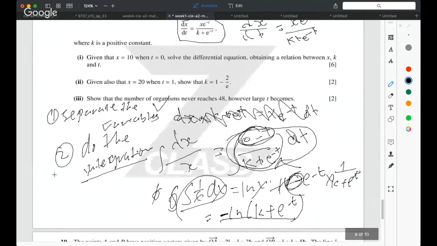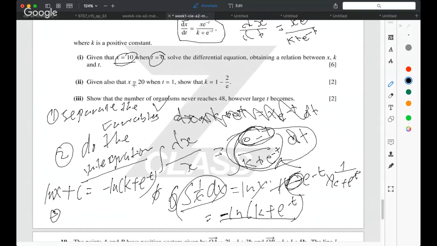So now the equation has become ln x, and don't forget the constant, equals minus ln of k plus e to the power minus t. Okay, so what is the final step? You plug in x equals 10 and t equals 0.